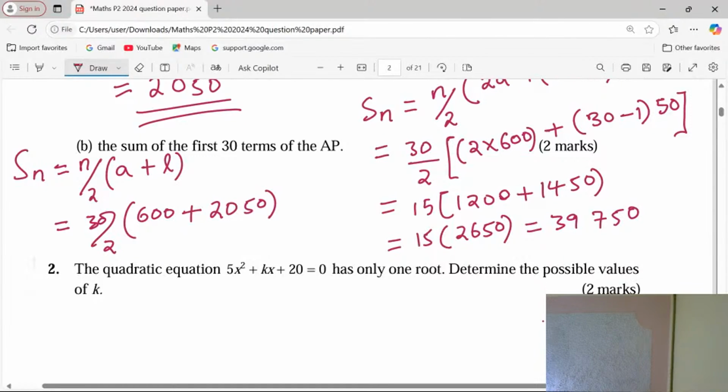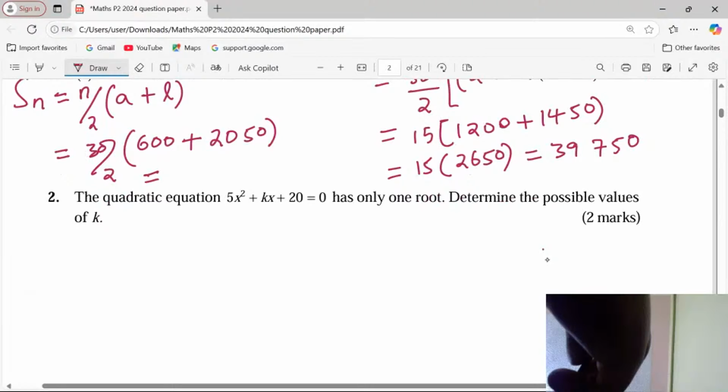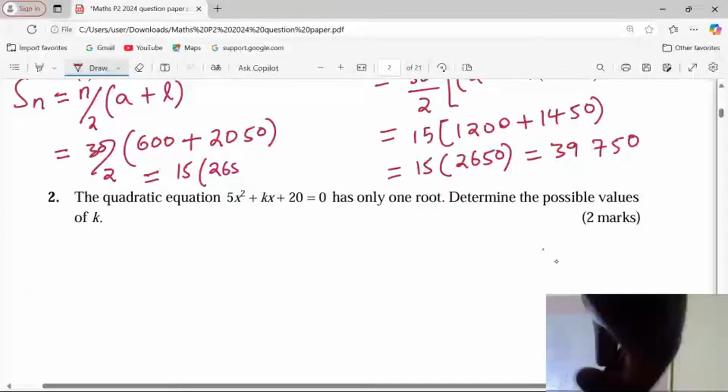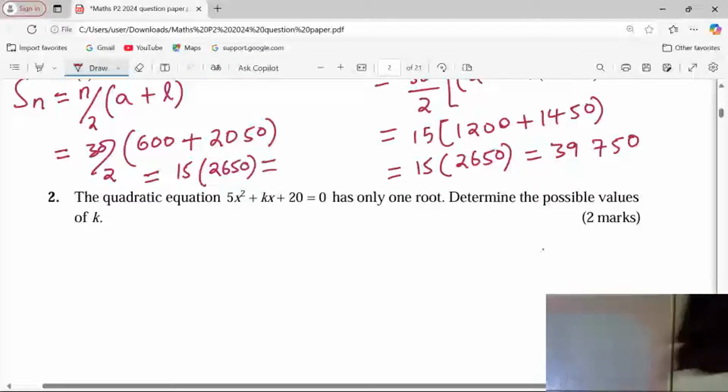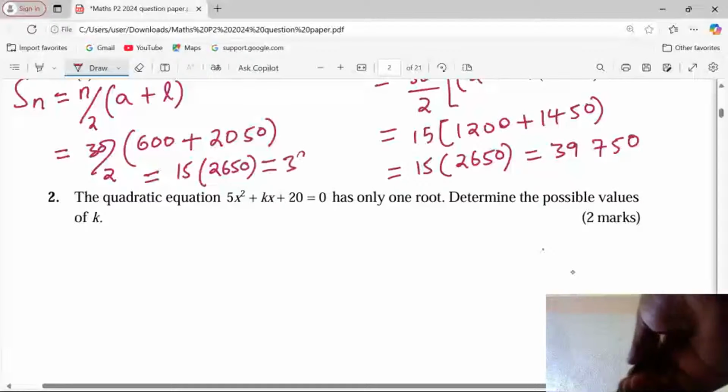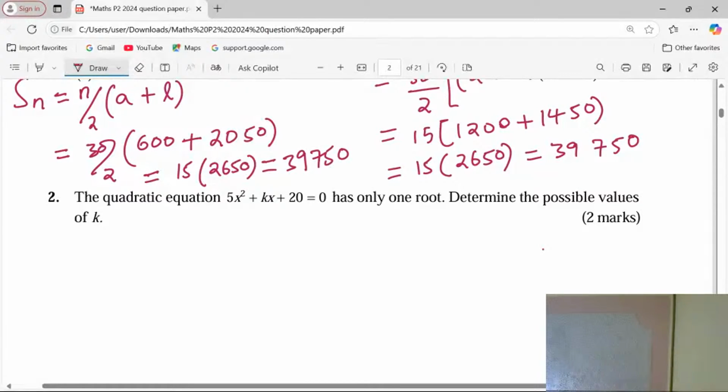So we're going to have 15 multiplied by 2650, and this will give us exactly the same answer as we got in the previous approach.